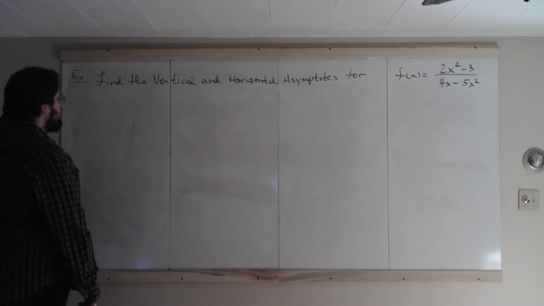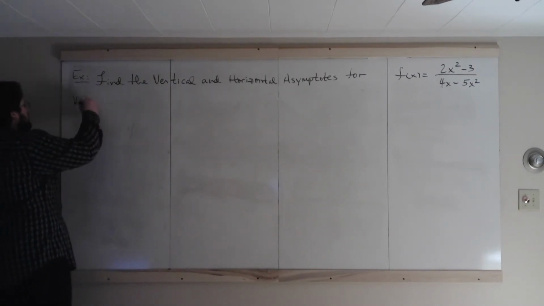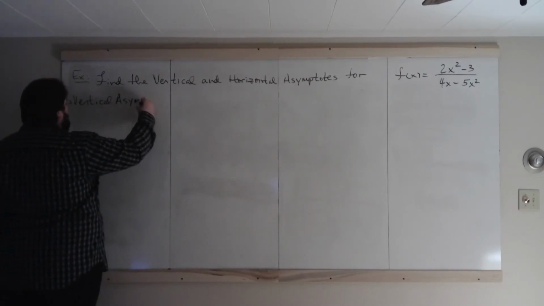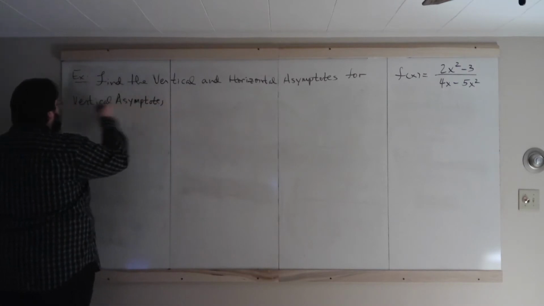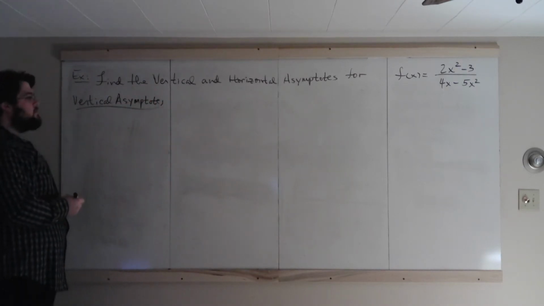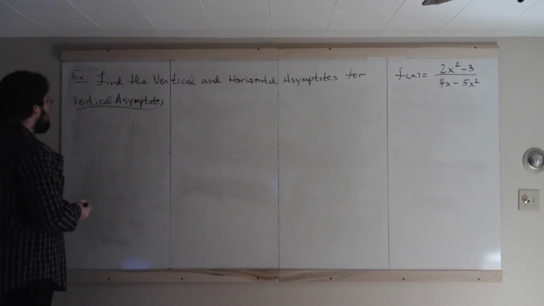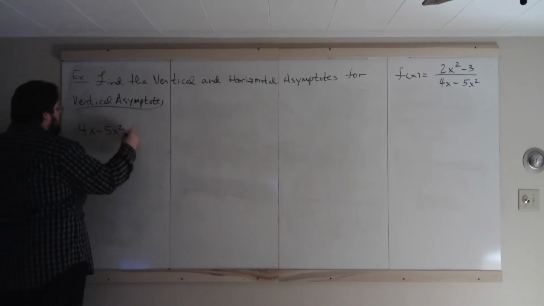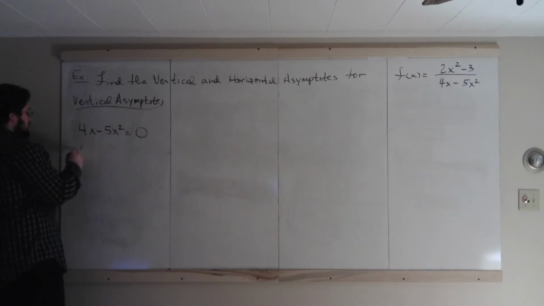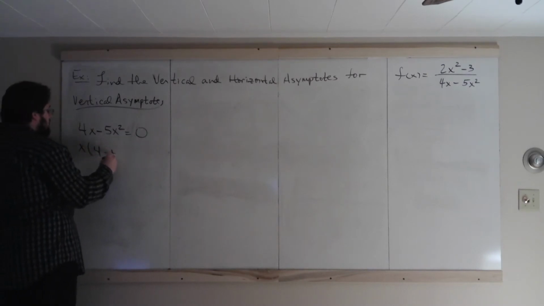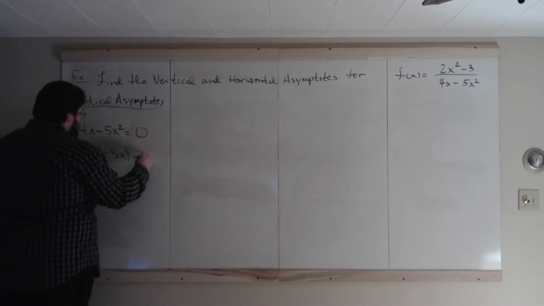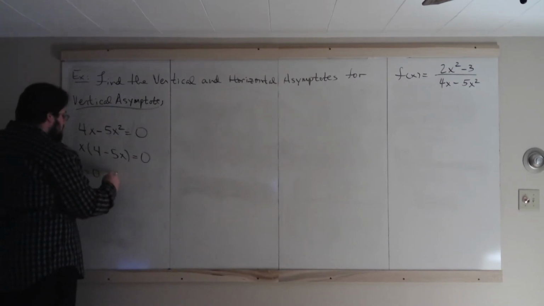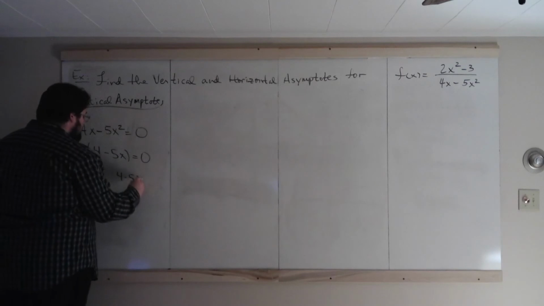Well, let's start with the vertical asymptotes. For the vertical asymptotes, let's set the denominator equal to 0 and then solve. How do we solve this? Well, let's factor out an x. 2 things multiplied equals 0 exactly when one or the other is 0 in the real number system.